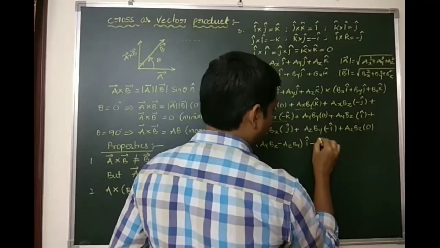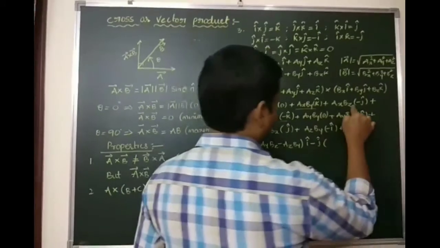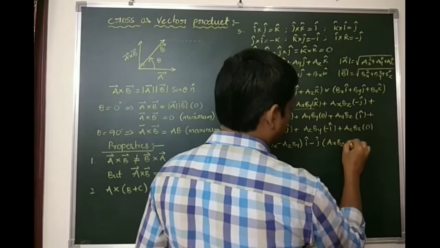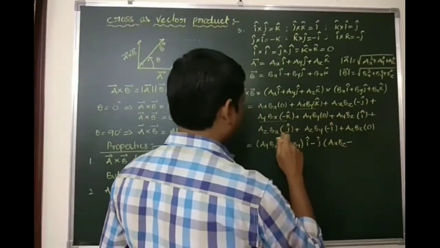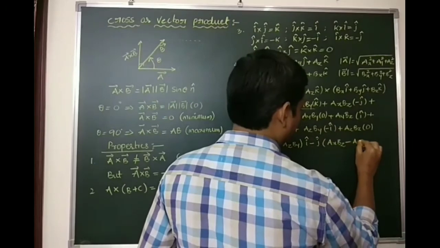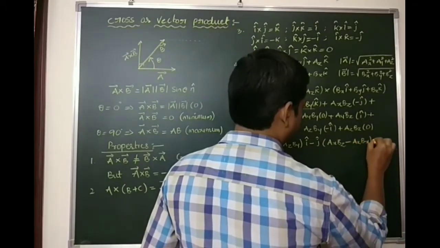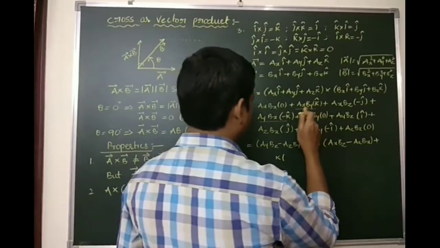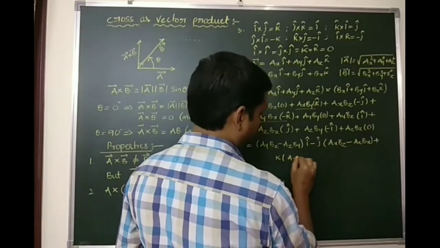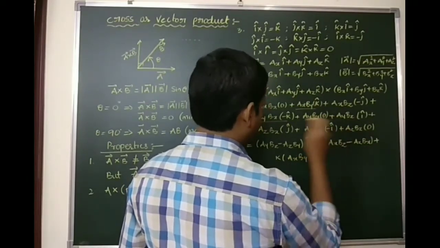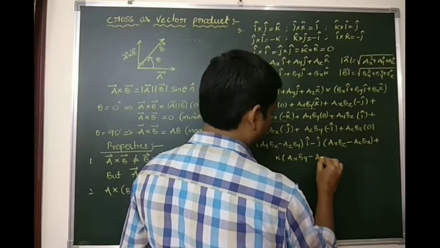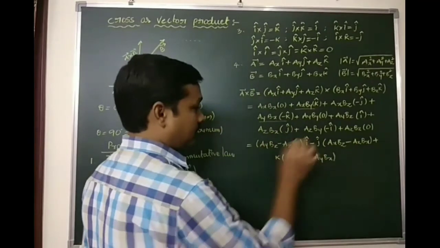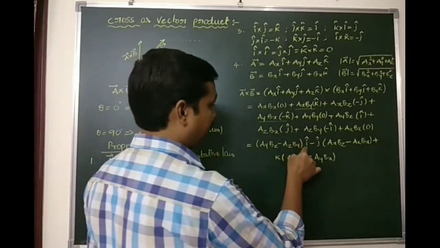I will take minus j (Ax Bz minus Az Bx), plus k term (Ax By minus Ay Bx). Okay, this is the cross product.